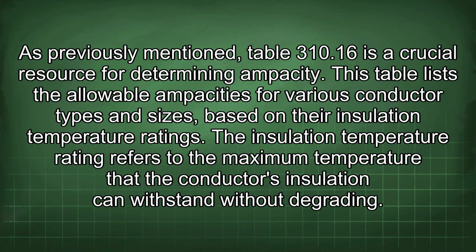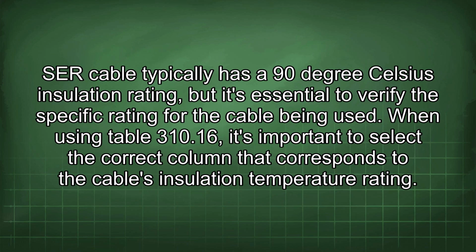As previously mentioned, Table 310.16 is a crucial resource for determining ampacity. This table lists the allowable ampacities for various conductor types and sizes based on their insulation temperature ratings. The insulation temperature rating refers to the maximum temperature that the conductor's insulation can withstand without degrading. SER cable typically has a 90 degrees Celsius insulation rating, but it's essential to verify the specific rating for the cable being used.